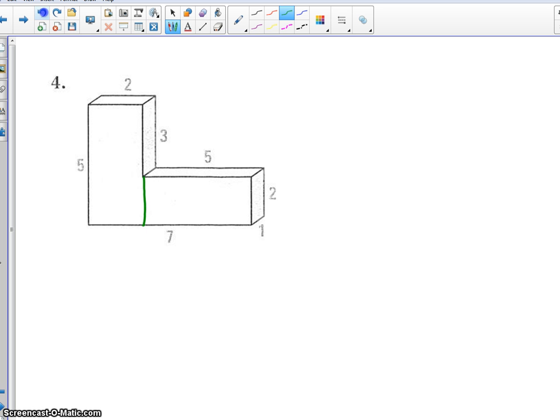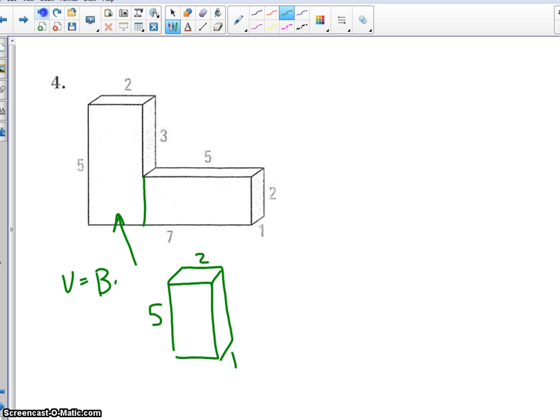You notice your prism right here, in this case, is a rectangular prism. If I just sketch it over again, off to the side here, standing alone, it would look like this. Now, what do I have for dimensions? Well, this part's 2, its height is 5, and then this measurement's 1. So our volume is going to be the area of the base times the height.